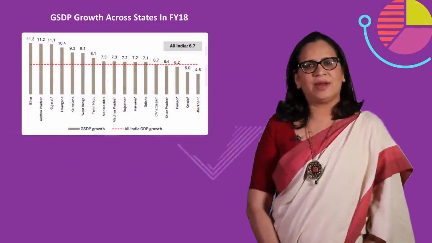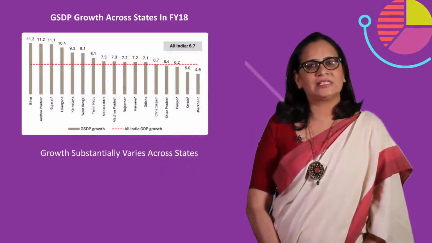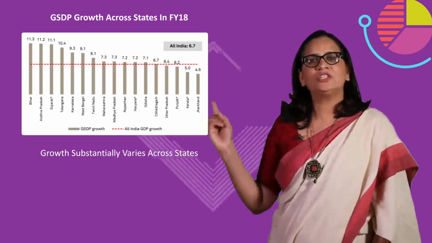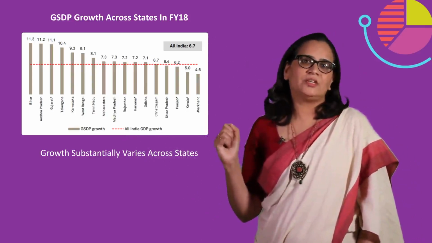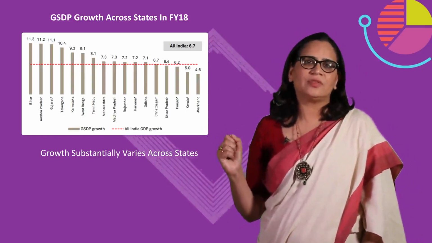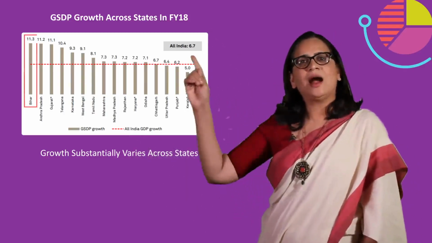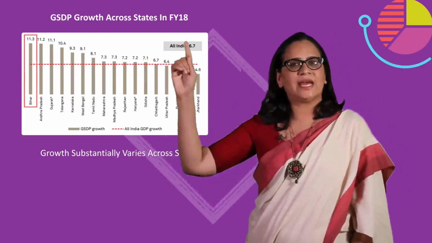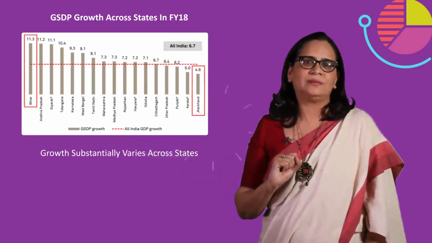While this growth is impressive, you should understand that it varies substantially across different states in the Union. In Figure 2, you can see that the GSDP, the Gross State Domestic Product for the fiscal year 2018, its growth rate varies across states, with Bihar reporting the highest at 11% and Jharkhand the lowest at 4.6% per annum.